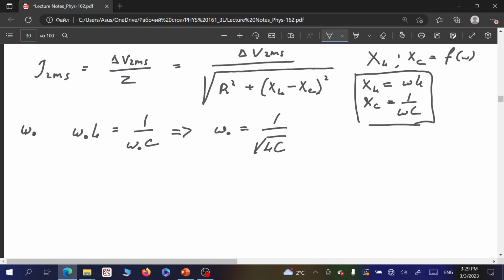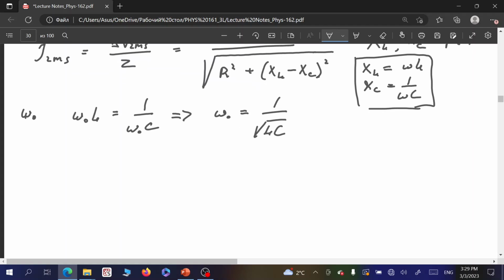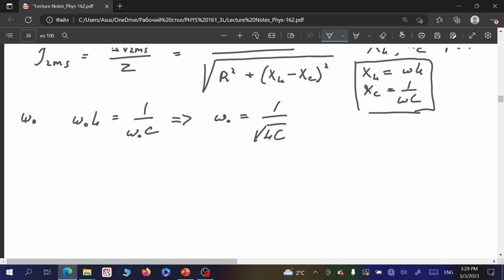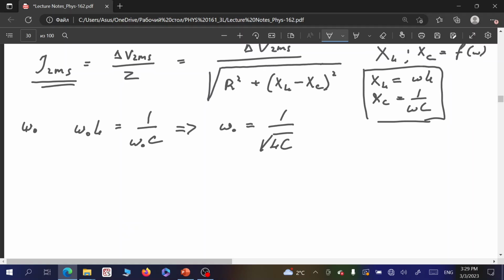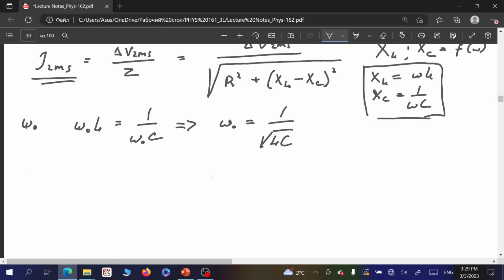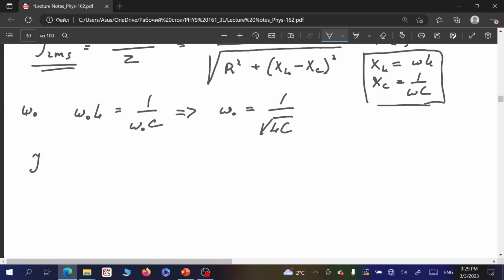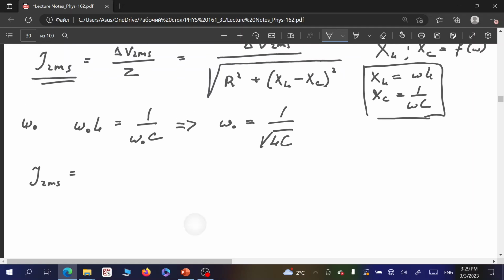Now let us consider the maximum RMS current. I RMS will be equal, again, to delta V RMS over impedance. In this case, if these guys are equal to each other, this will be equal to 0.